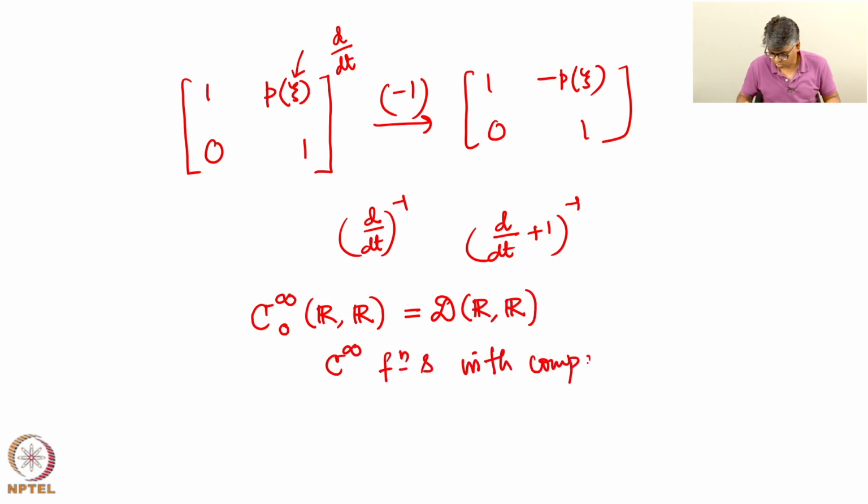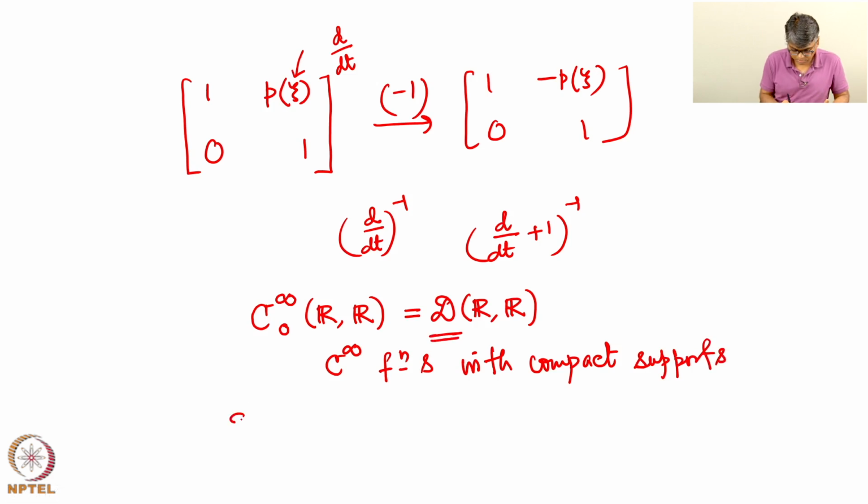That means supports given by closed and bounded sets. Such functions are called functions coming from D.